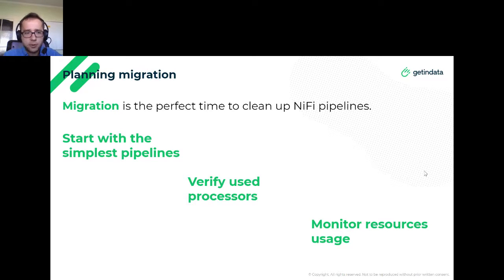So when we talk about the migration, we need to start with absolutely the simplest pipelines. Trust me, then you will discover, for example, some problems with the script, problems with the newer version, or problems with running it on Kubernetes due to some dependencies that the script had. You also need to verify used processors. In some cases, people create their own NARs to customize what they want to do within NiFi.